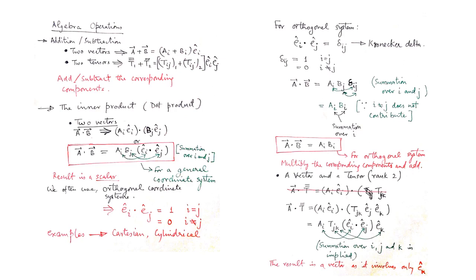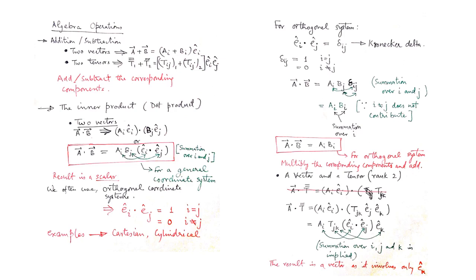Examples of orthogonal coordinate systems are Cartesian and cylindrical coordinate systems. Now, for orthogonal systems, in mathematics we have a very elegant way of representing these unit vector dot products.